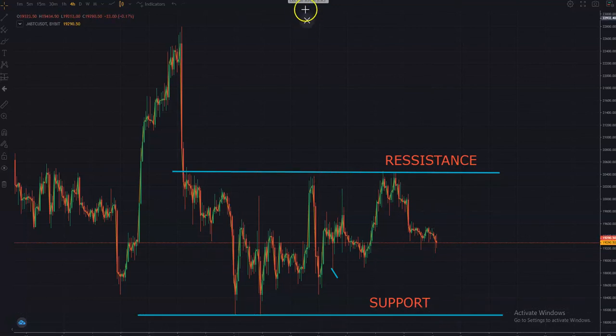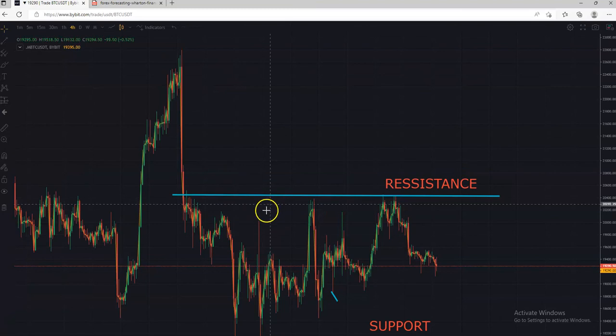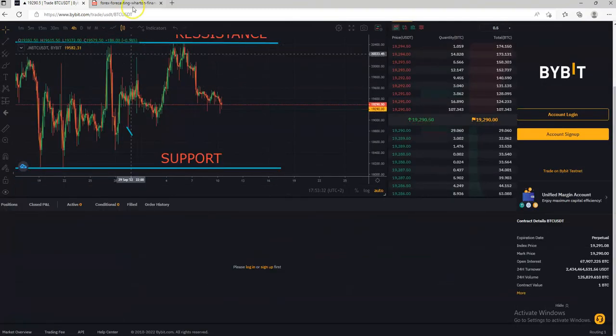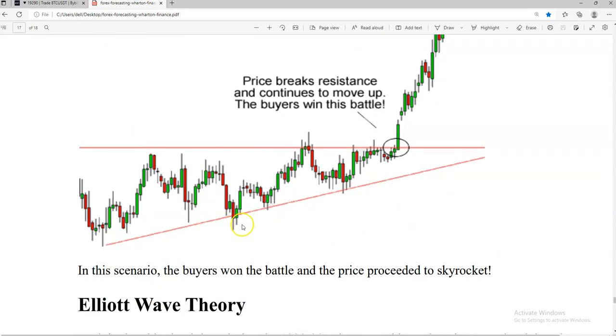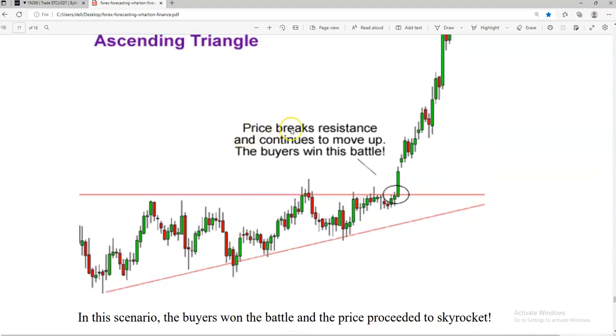And there are other types of support and resistance techniques that you can apply, like the ascending triangle as well. In this theory, it also has the price breaking resistance. Even though you have an ascending triangle, the bottom part here remains your support, and the top part will always remain as your resistance.